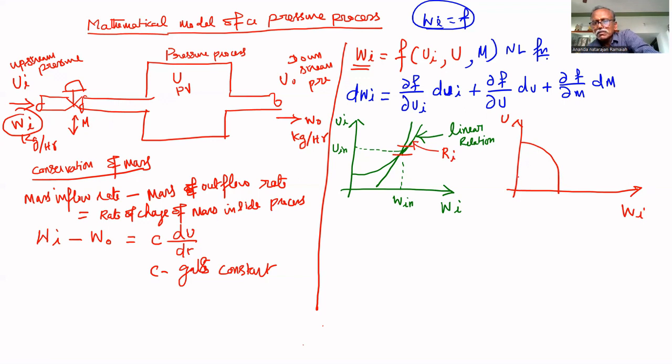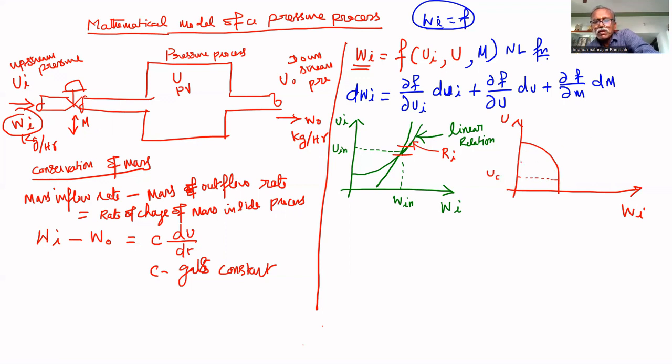It means that even if you decrease the downstream pressure, there is no increase in flow rate. It is independent of the decrease in pressure. That pressure is called critical pressure. Below that critical pressure, it becomes independent of downstream pressure.